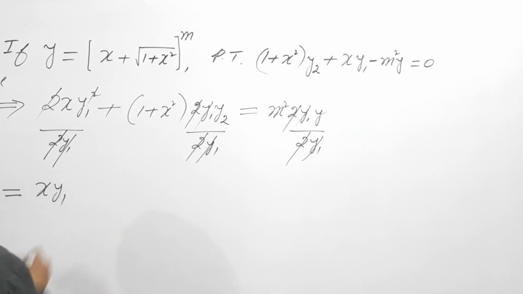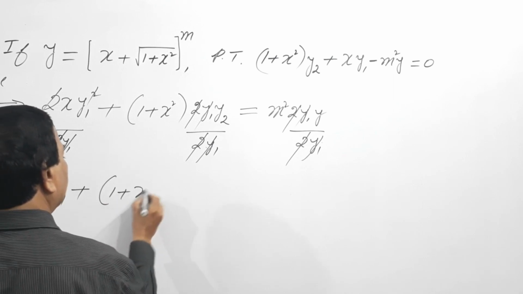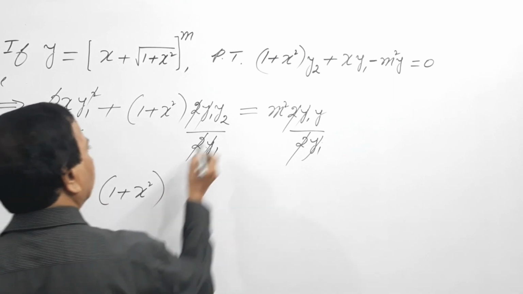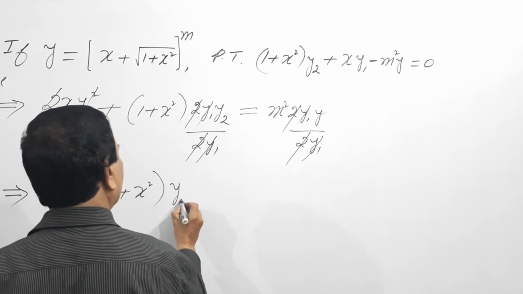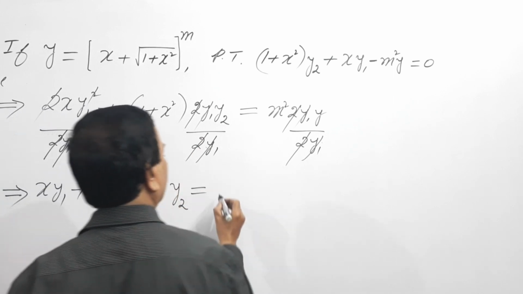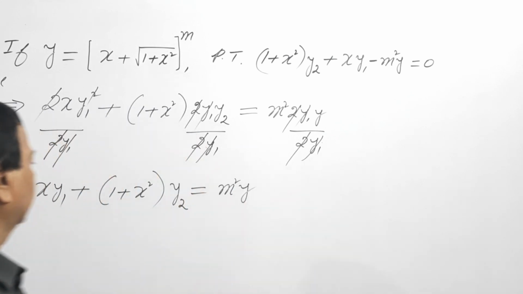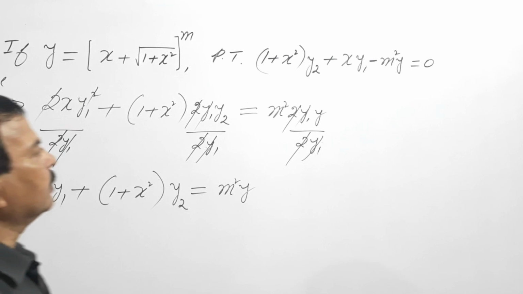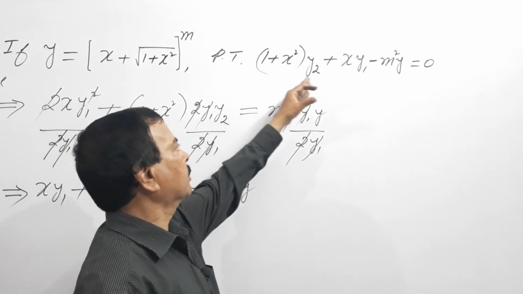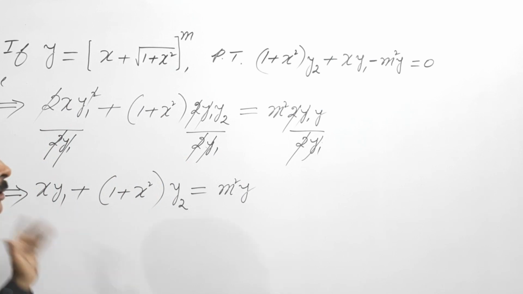What we have is x y1 plus x y1, that is 1 plus x squared y2 equals to m squared y. But what does he want? He wants 1 plus x squared into y2, but it is at the center. I can rearrange it.